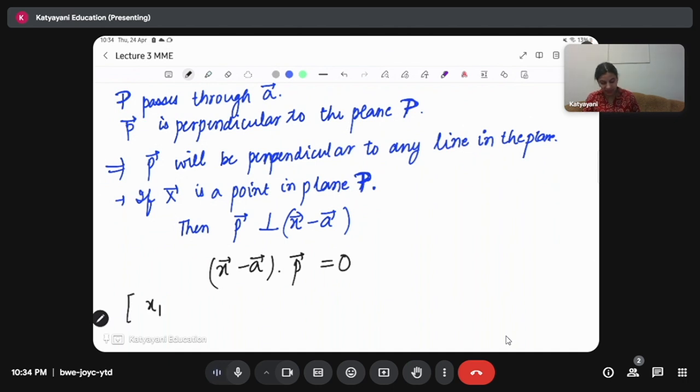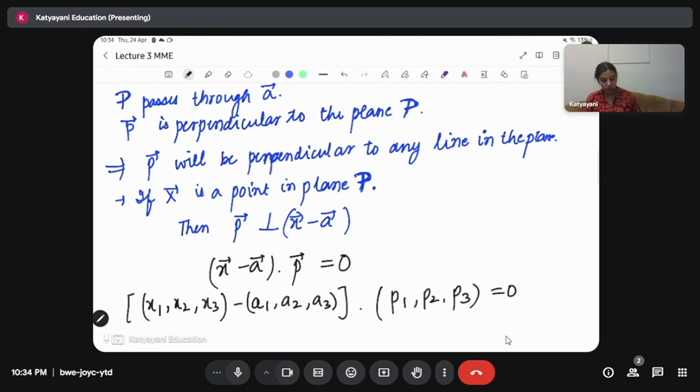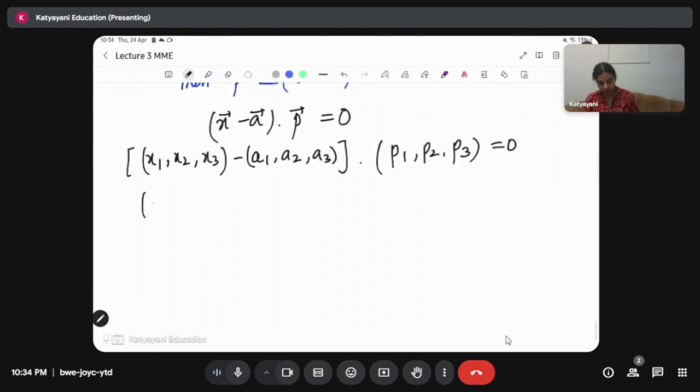Now see, what is x for us? Since we are in R3, x would be x1, x2, x3, right? And A would be A1, A2, A3. Dot product with P, and P here is P1, P2, P3, and it has to be equal to 0, right? So this is nothing but x1 minus a1, x2 minus a2, and x3 minus a3, dot product p1, p2, p3 equal to 0.